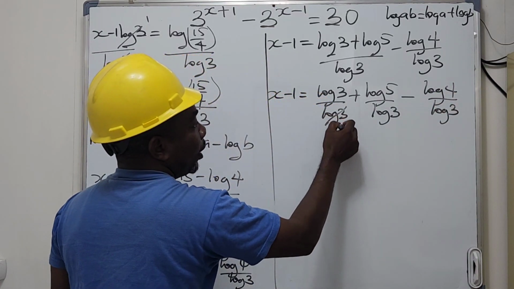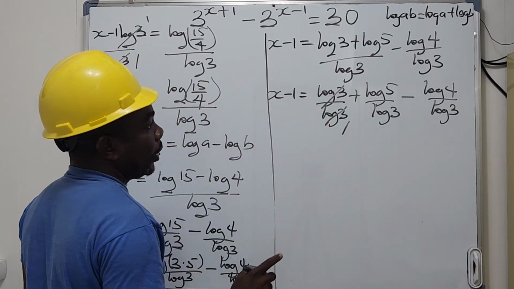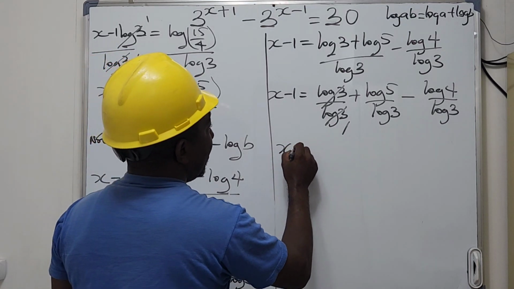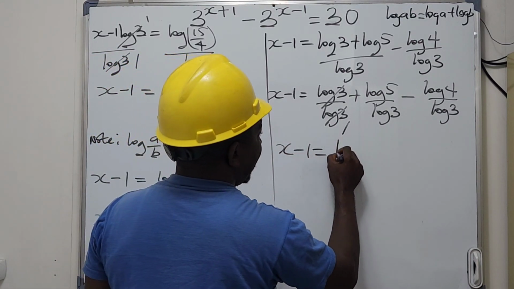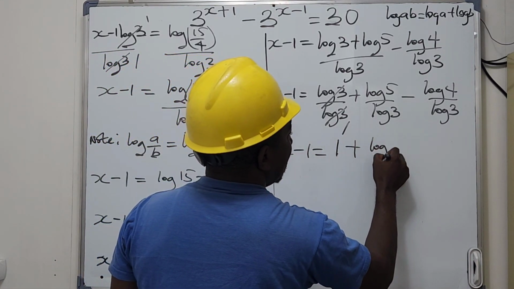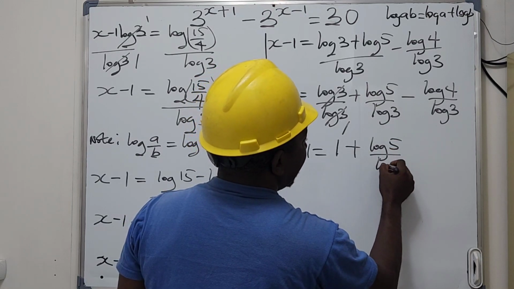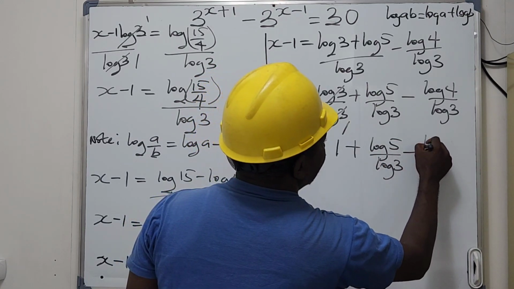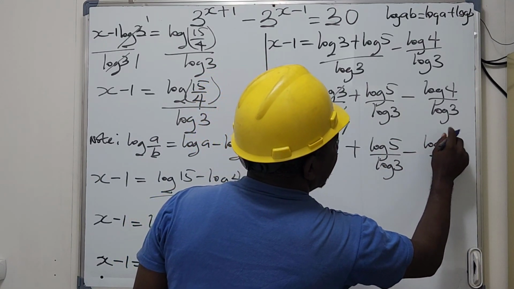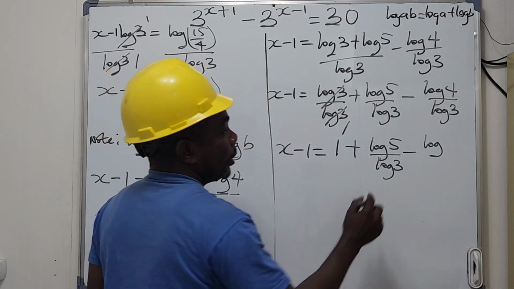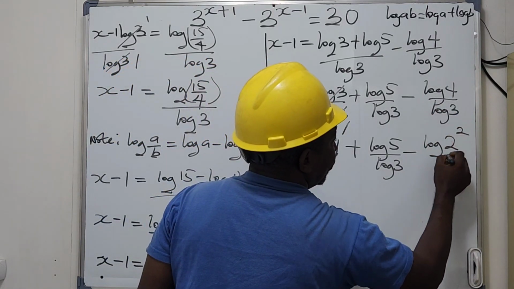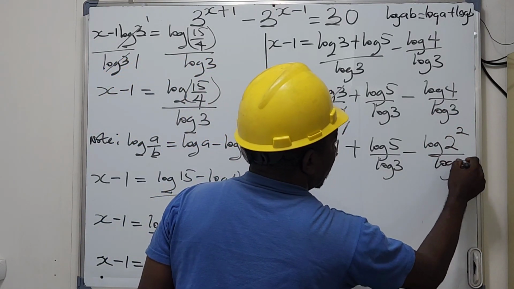So here log 3 will cancel here and log 3 will cancel here. We are now left with x minus 1 equals 1 plus log 5 divided by log 3 minus log 4, which can be written as 2 to the power of 2, all over log 3.